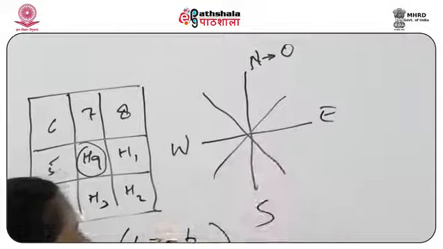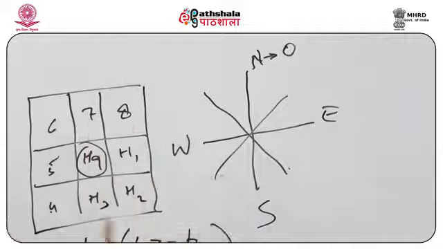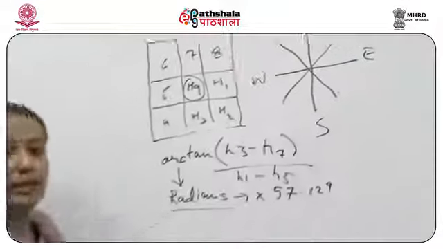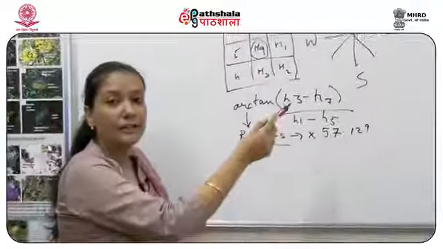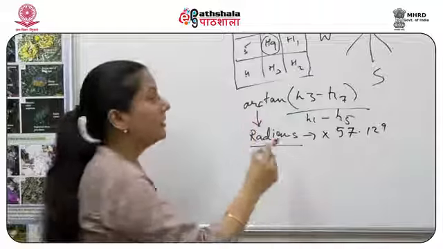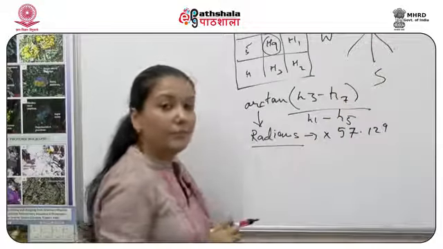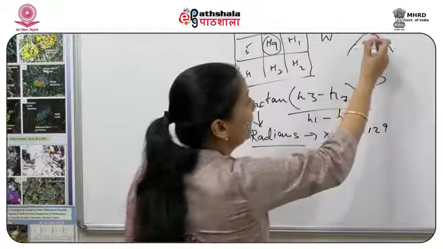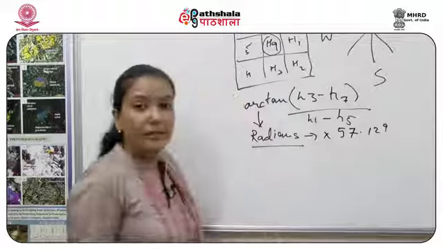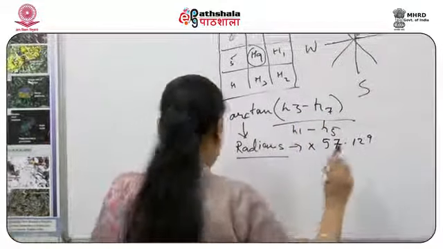These are your diagonals representing northeast, southeast, southwest and northwest.